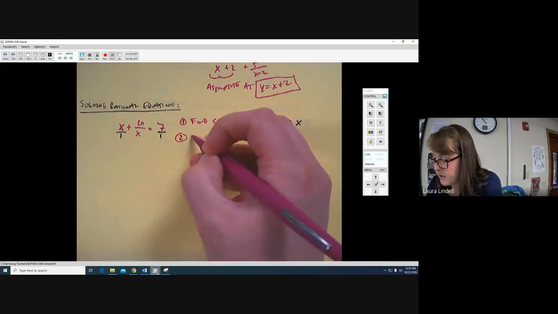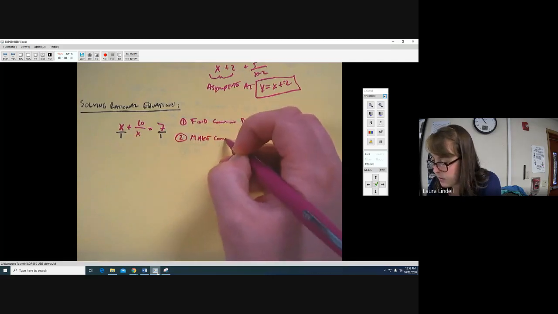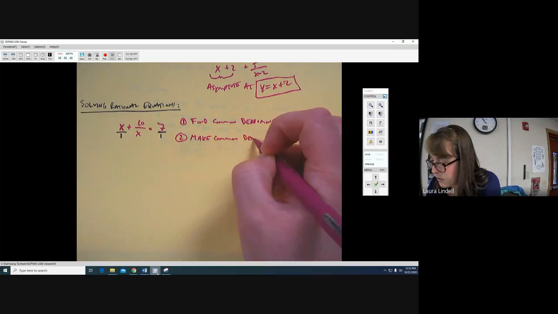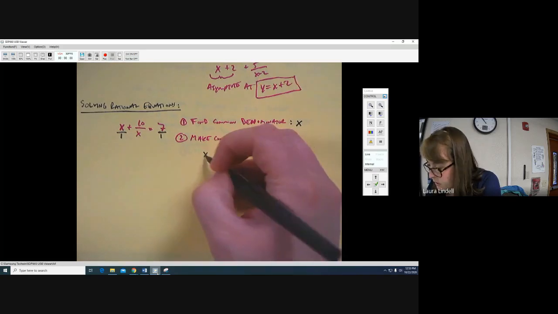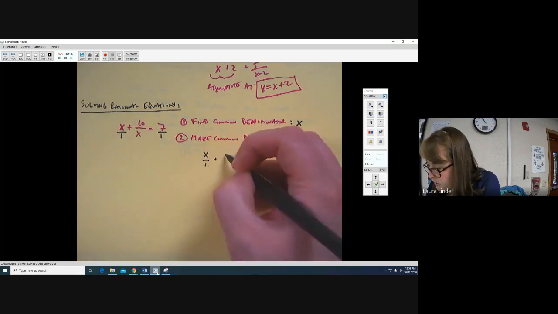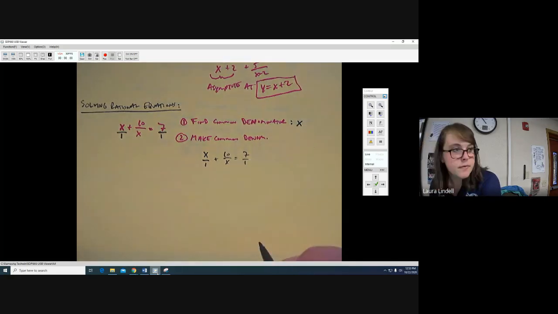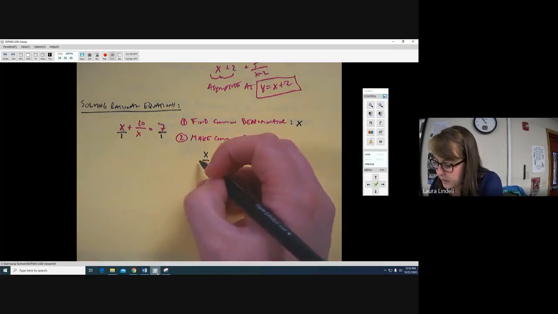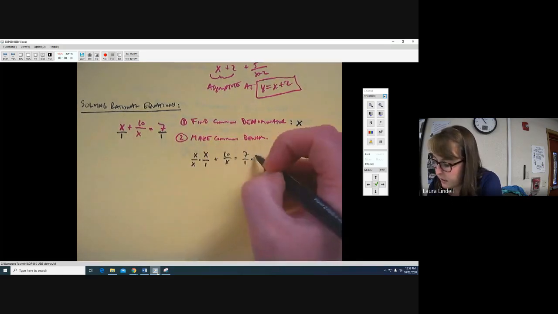Step 2, you have to actually make that a common denominator. So in order to do that, we have currently x over 1 plus 10 over x equals 7 over 1. So to make this denominator x, I need to multiply by x on the top and on the bottom. And the same thing here.